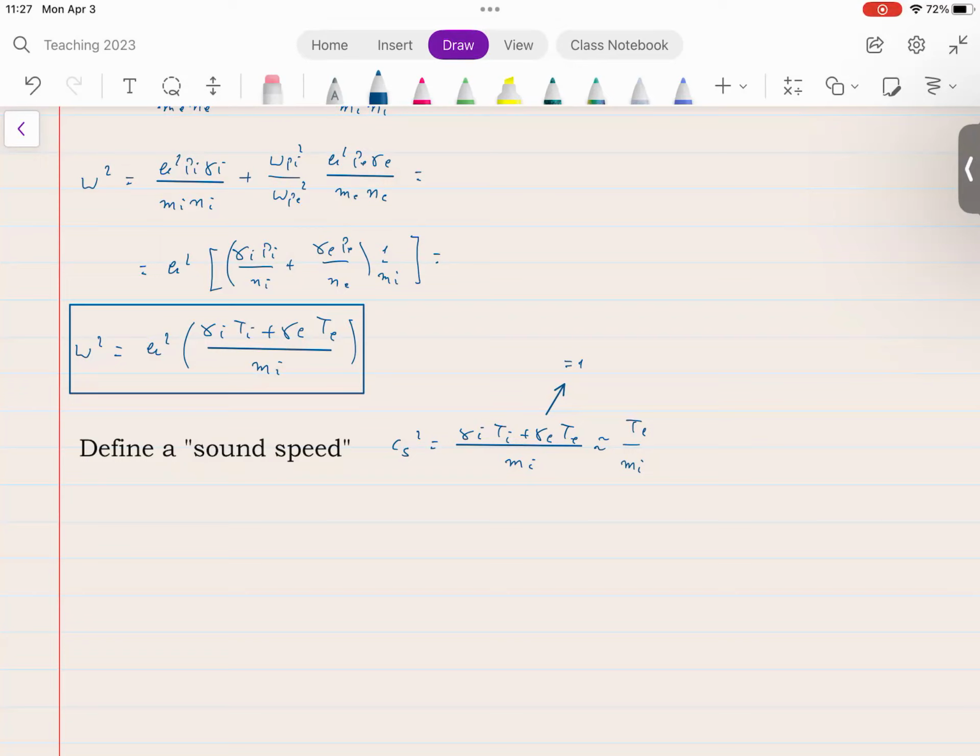Those couple of things come from kinetic theories, so we cannot derive them in detail. One piece is that these waves are strongly damped unless the electrons are much warmer than the ions.